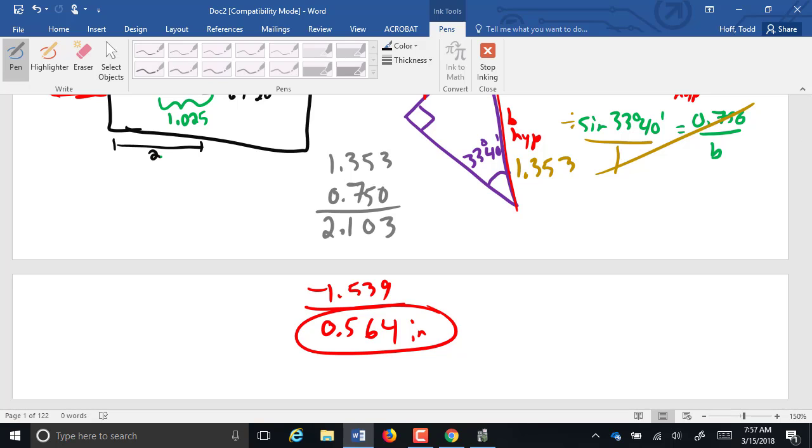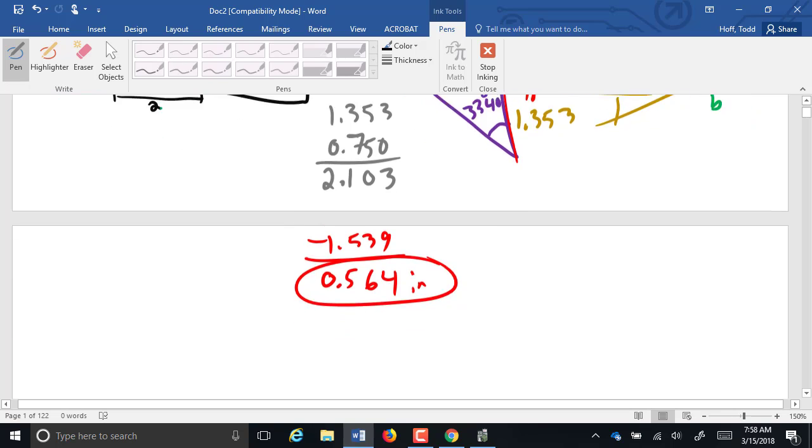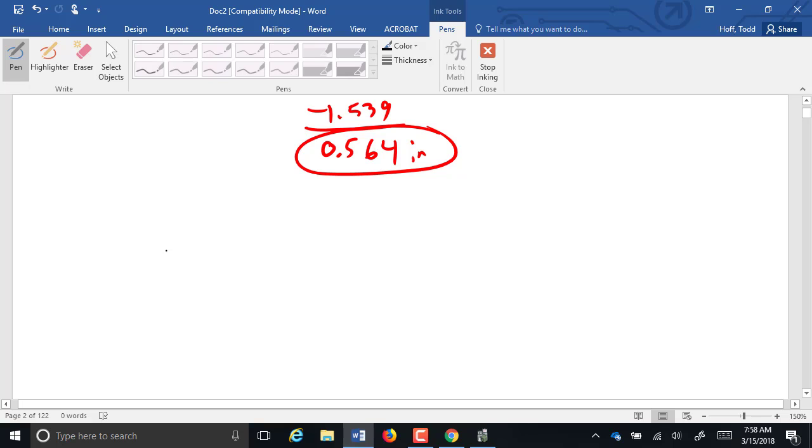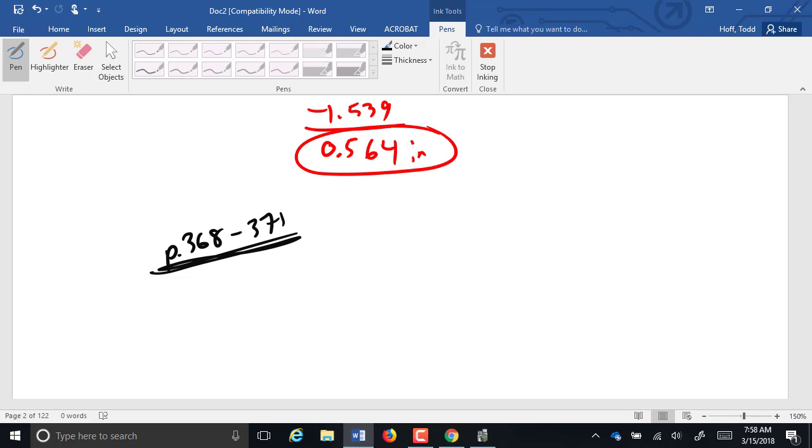Well, I am going to leave you with this set of problems for the last 20 minutes of class today and for over spring break. Page 368 through 371. There are some fun ones in here. Like number 12 is an even numbered problem, but that's kind of a fun one.